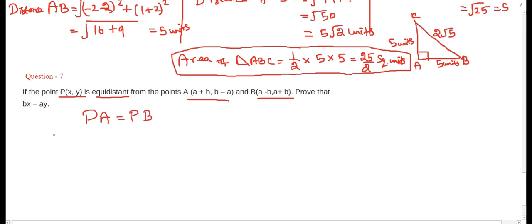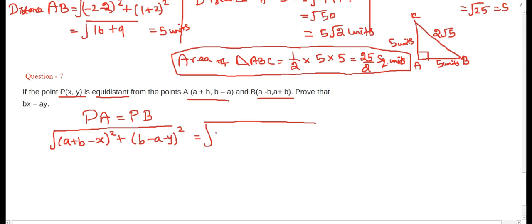So take PA as the square root of (a plus b minus x) whole square plus (b minus a minus y) whole square, which is equal to the square root of PB, that is (a minus b minus x) whole square plus (a plus b minus y) whole square.